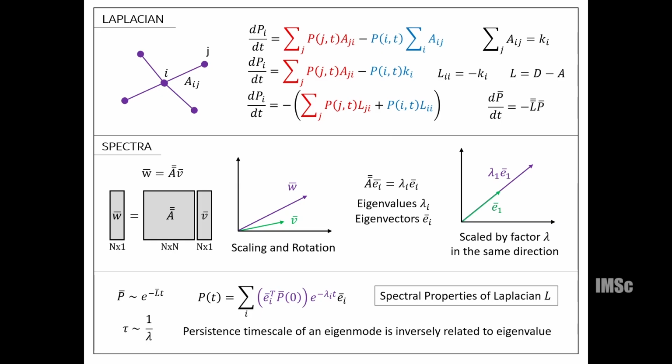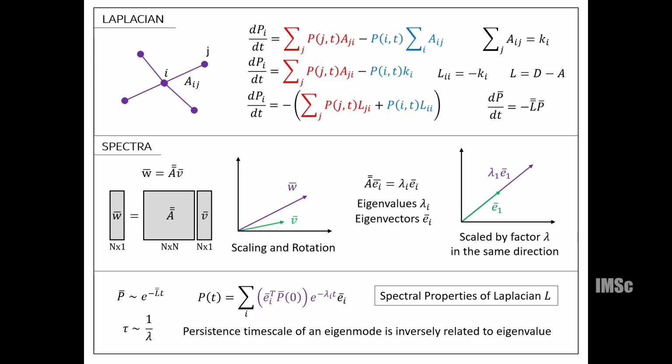Now, what you can do is define a new matrix called the Laplacian, where Lij is nothing but minus Aij, and Lii is something else. So if I take the first node, what would be A11 for the adjacency matrix? 0, right?